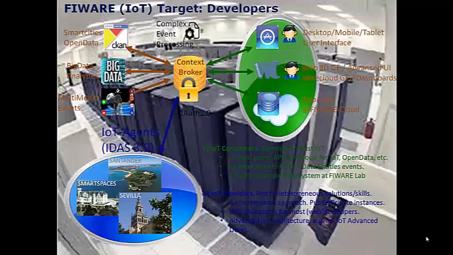And then we have IoT providers. These are pretty heterogeneous because they usually produce content that goes to the context broker, but they also consume the information that is produced by other agents.